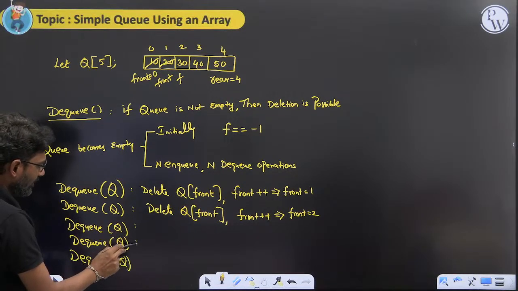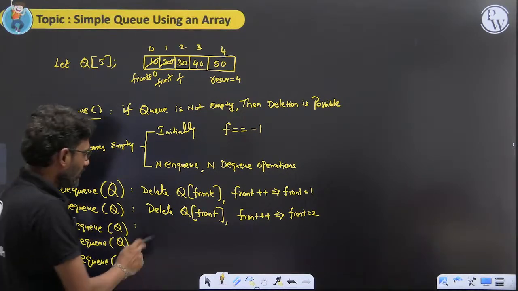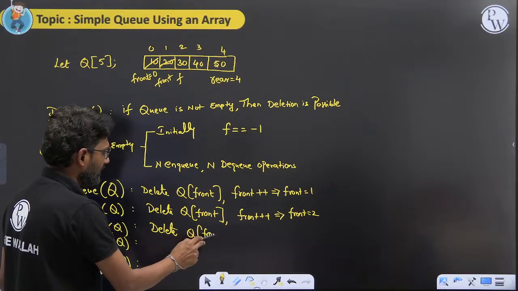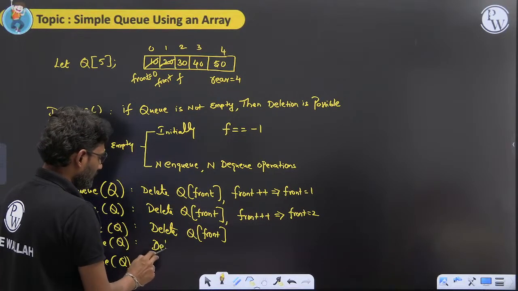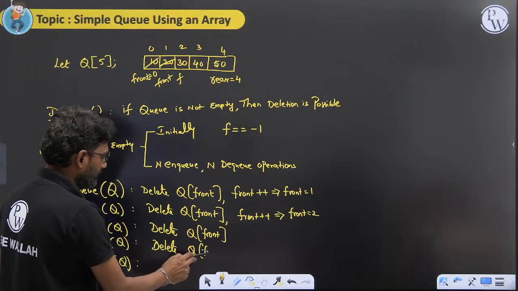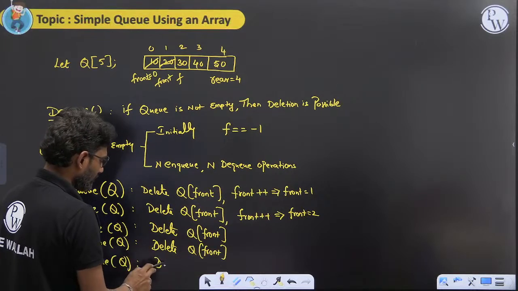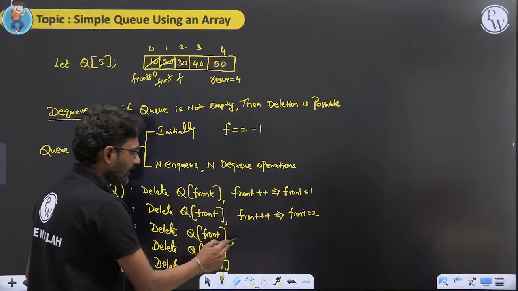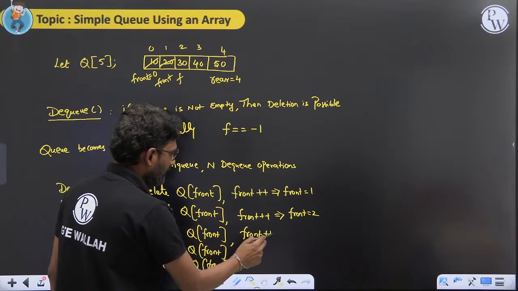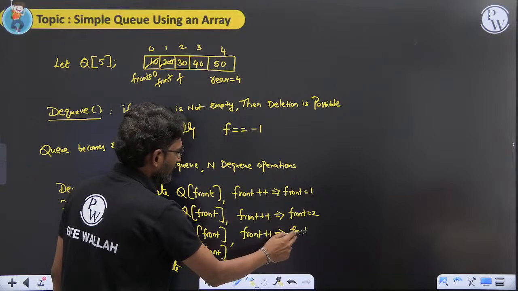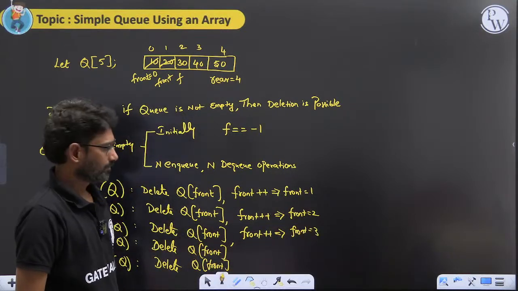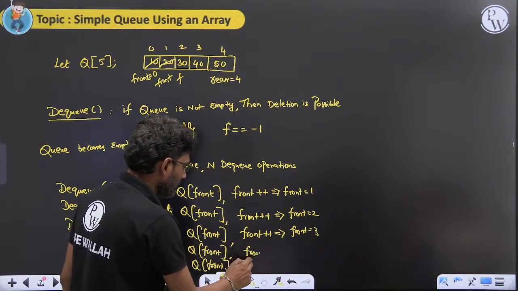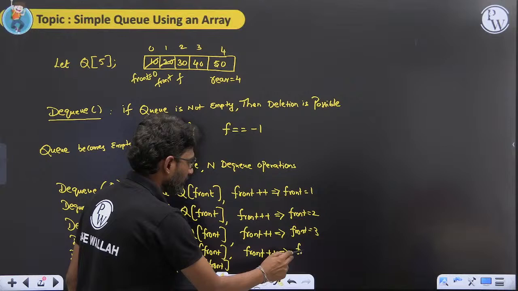So what I am doing? After deleting, I am incrementing the front. Delete and increment. So after the third deletion, front will be 3. After the fourth deletion, front will be 4.